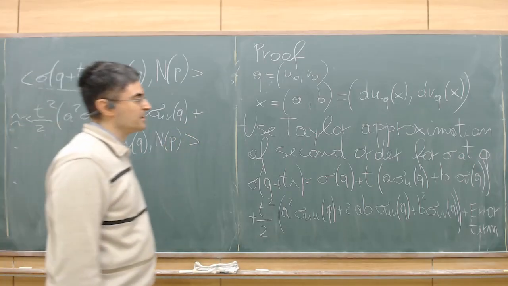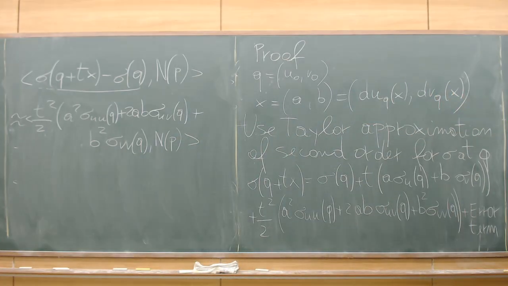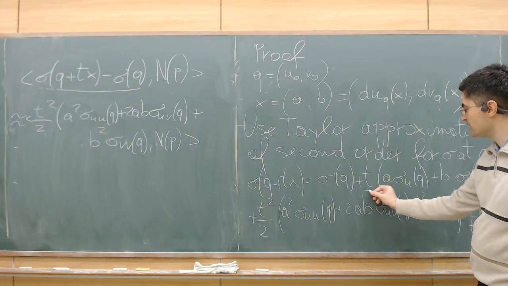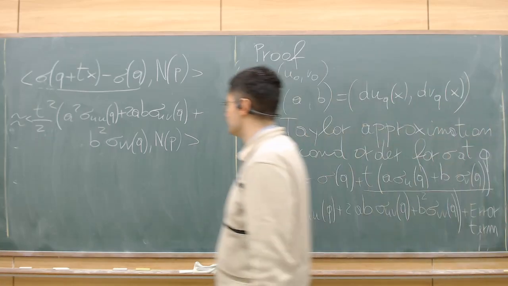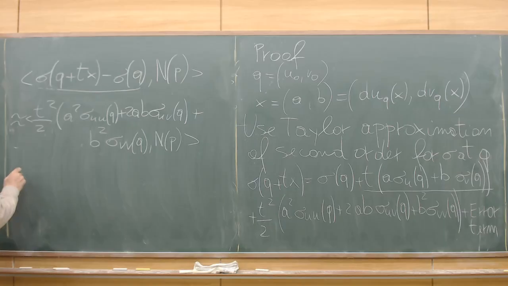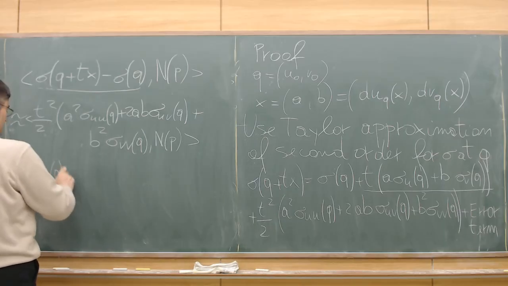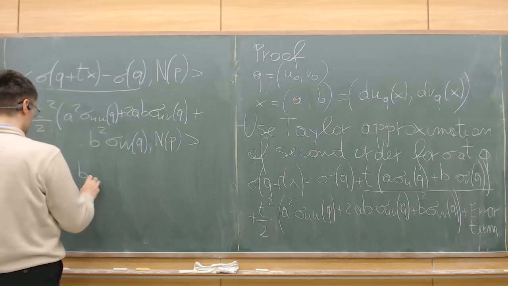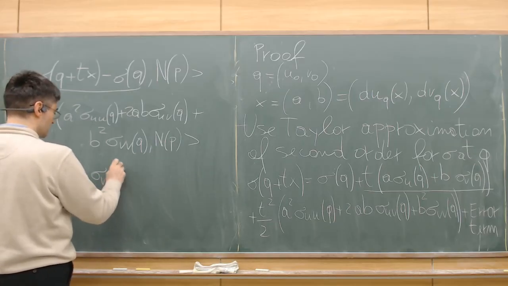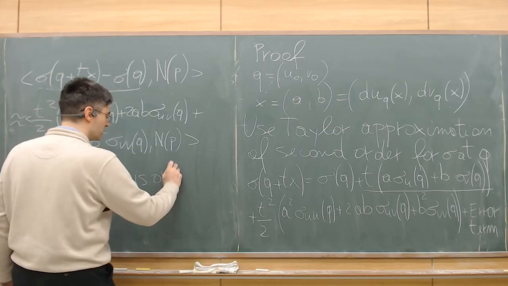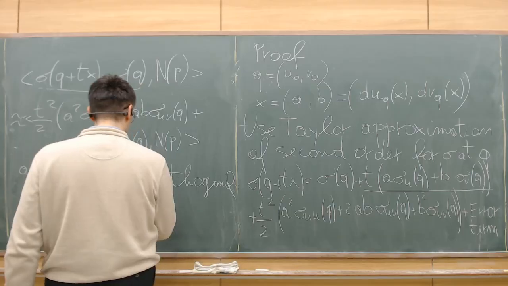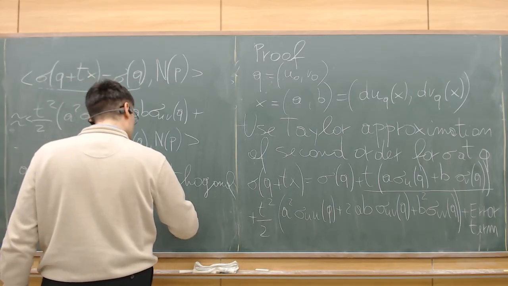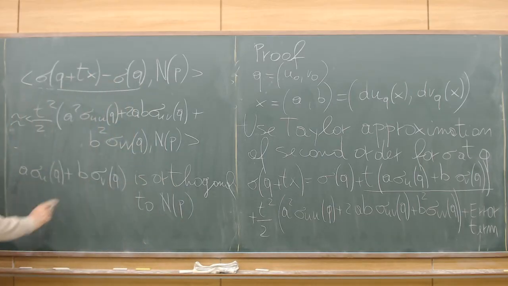The reason why there is no term involving this summand is that this is a tangent vector, a sigma_u(Q) plus b sigma_v(Q), which is orthogonal to N(P) because this is a tangent vector.